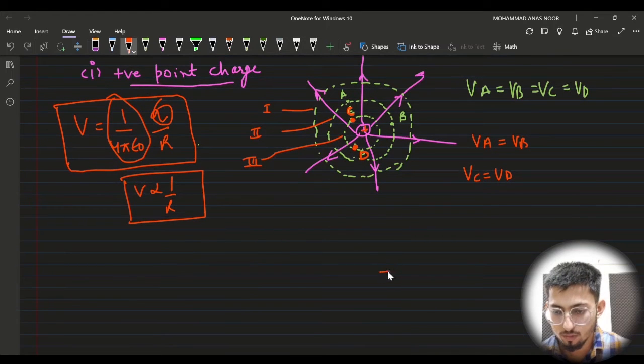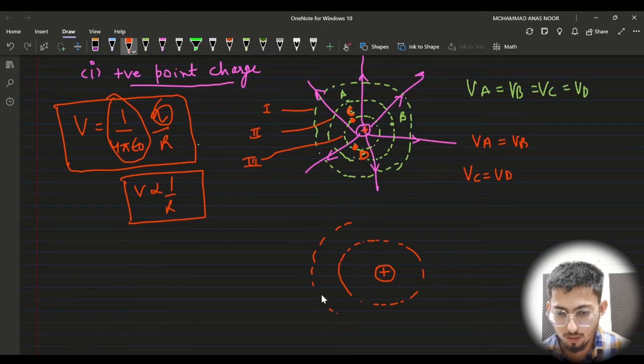Like this is one circle. Let's not draw the electric field. This is another circle. This is a fixed radius, right?